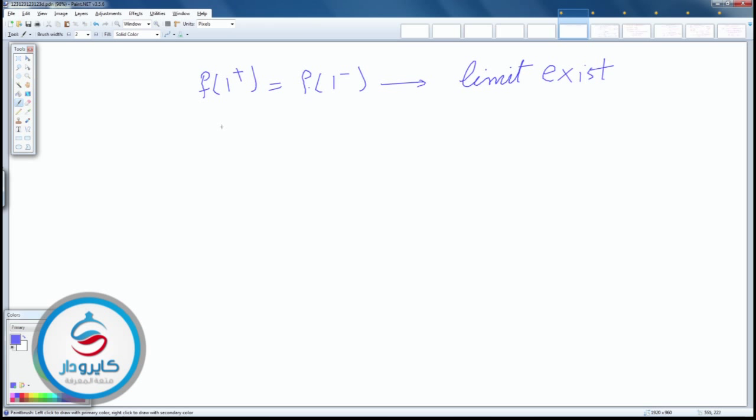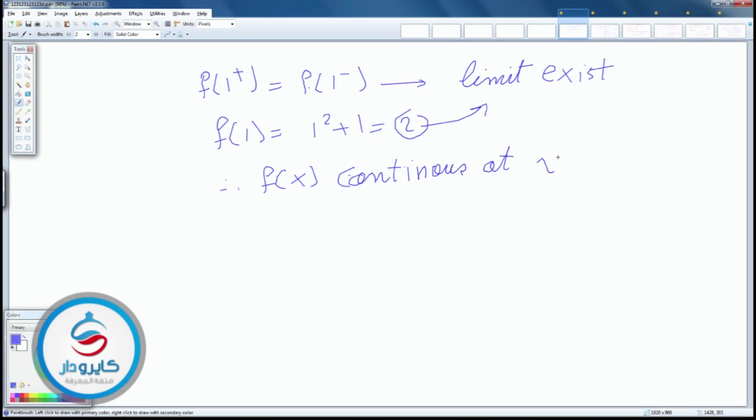Now the function is defined: f of 1 equals 1 power 2 plus 1 equals 2, also equals the limit. Therefore f of x is continuous at x equals 1.